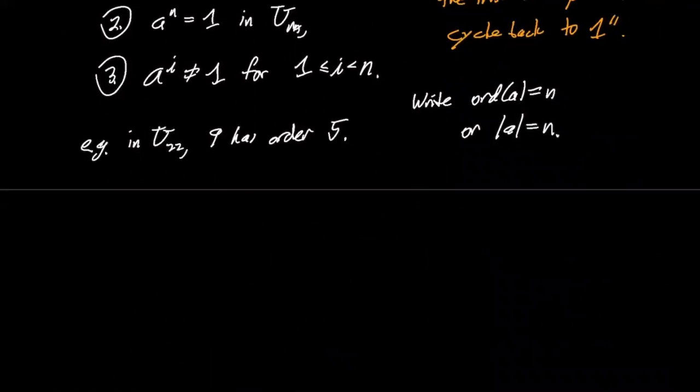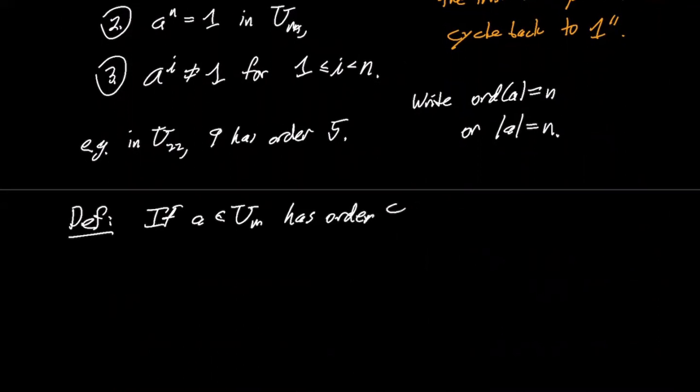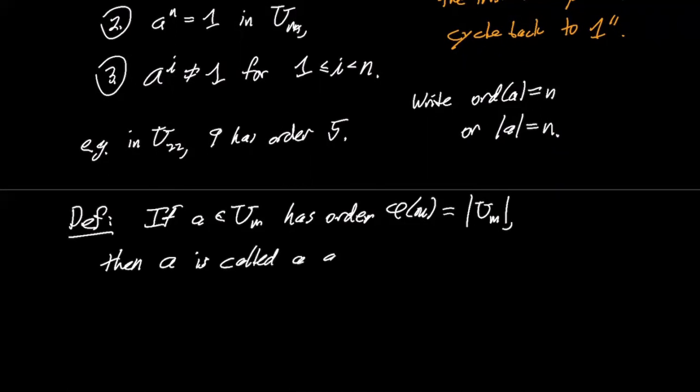So, another definition. If A in U sub M has order phi of M, right? That's the number of elements of the whole set. Then A is called a generator, or a primitive root.